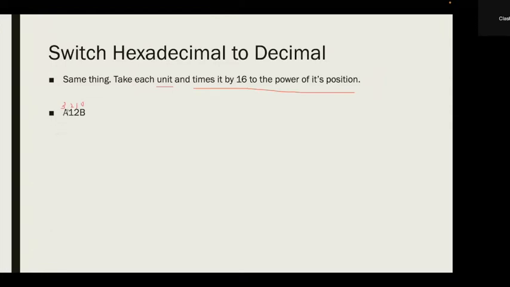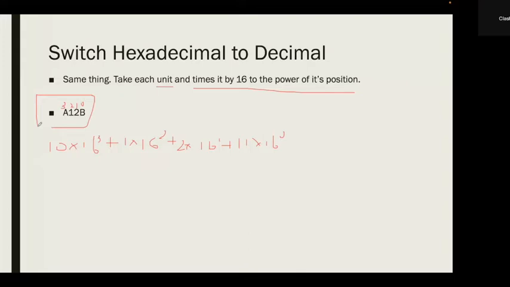A, which is equal to 10, times 16 to the power of 3, plus 1 times 16 to the power of 2, plus 2 times 16 to the power of 1, plus B, which is 11, times 16 to the power of 0. And you add all of this together, and you'll be able to represent this hexadecimal number as a decimal number.